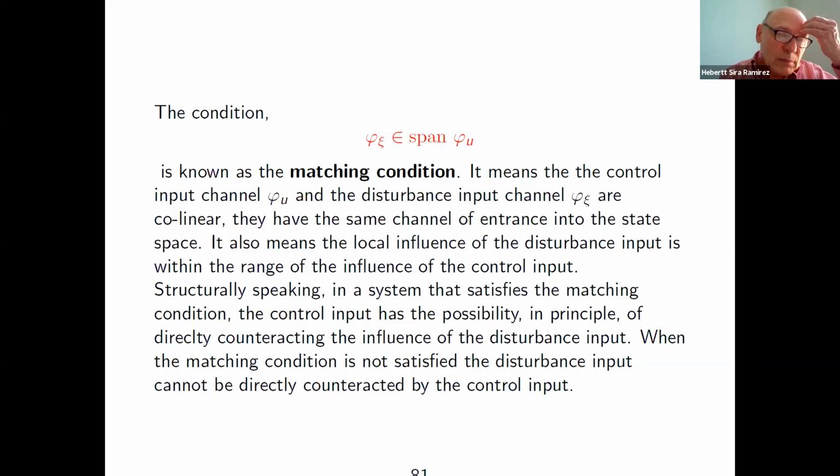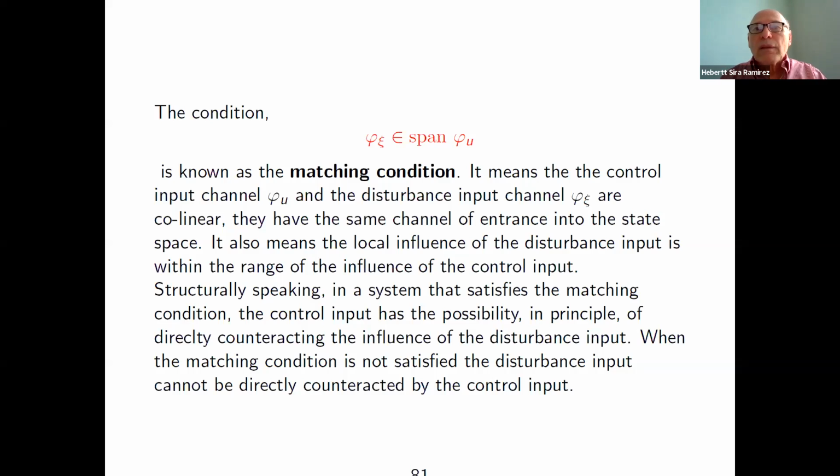But of course, this is imperfect. This is not a perfect substitution. You are neglecting some dynamics, and they will appear in the performance of your closed loop system. You will see some little spikes here and there coming from the fast dynamics.